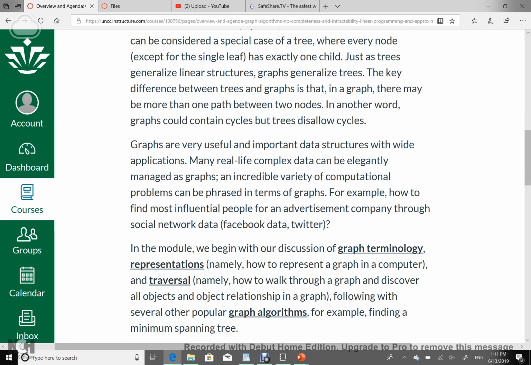Just as trees generalize a linear structure, graphs generalize trees. The key difference between trees and graphs is that in a graph there may be more than one path between two nodes. In other words, graphs can contain cycles, but trees disallow that.